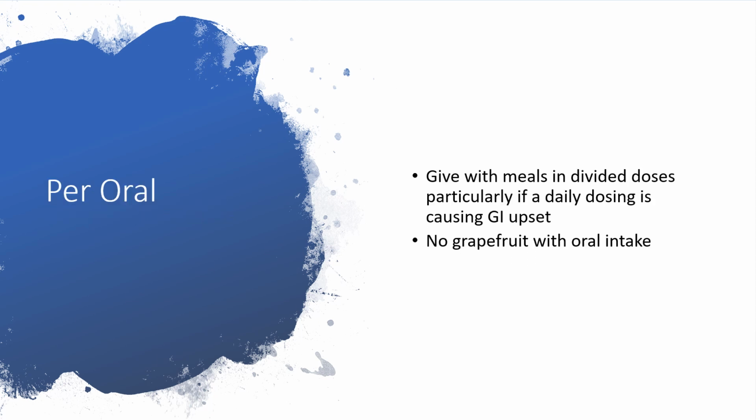If you are administering amiodarone per oral, give with meals in divided doses, particularly if a daily dosing is causing gastrointestinal upset. And no grapefruit with oral intake. Do you know why? Okay.